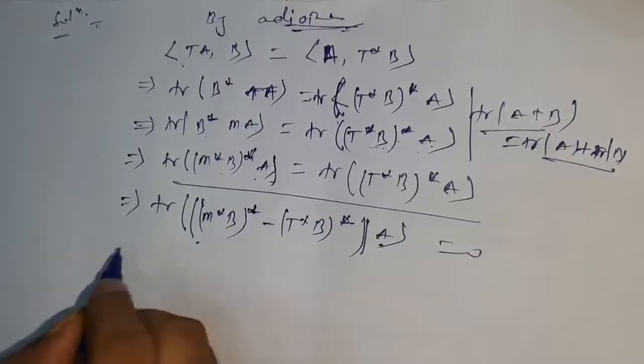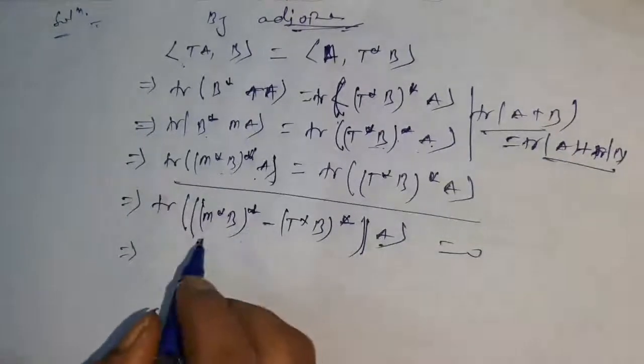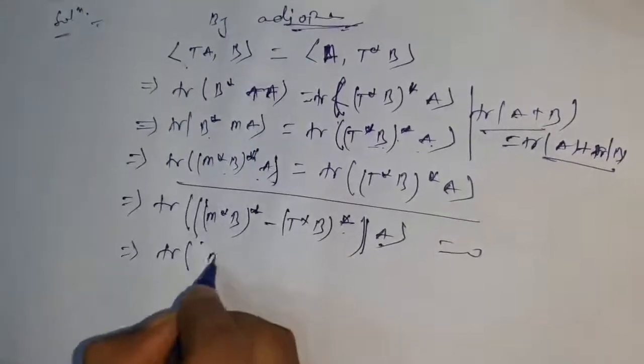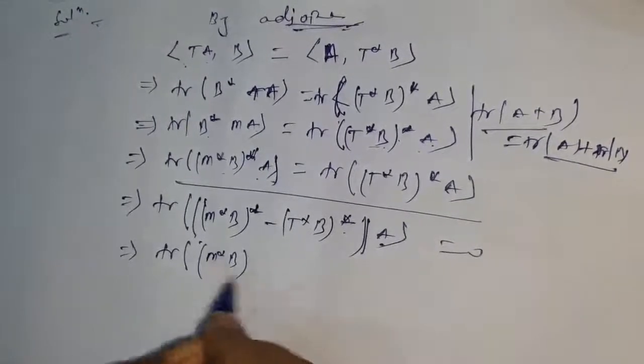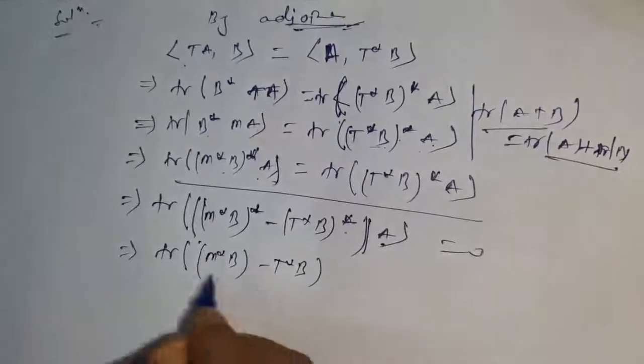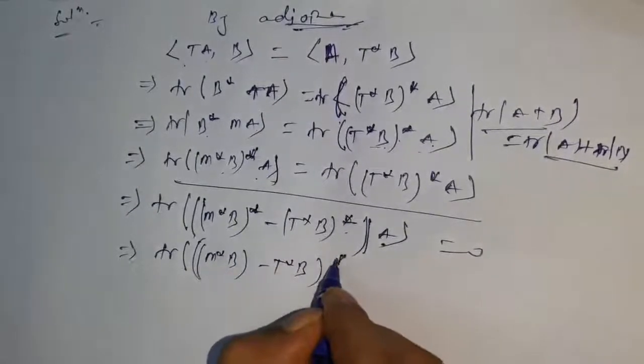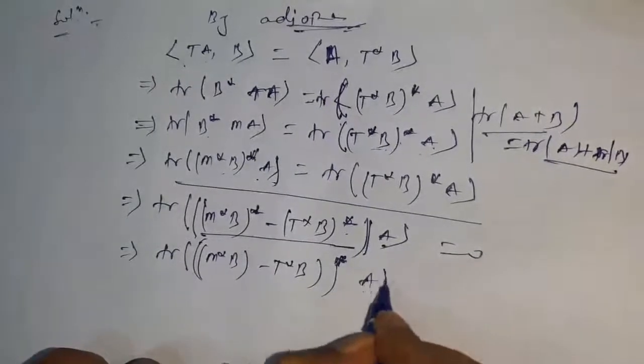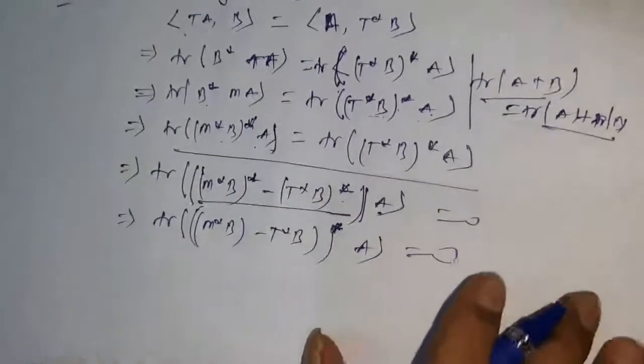Now we apply the condition of A star here. Trace of (M star B minus T star B) whole star A is equal to 0.